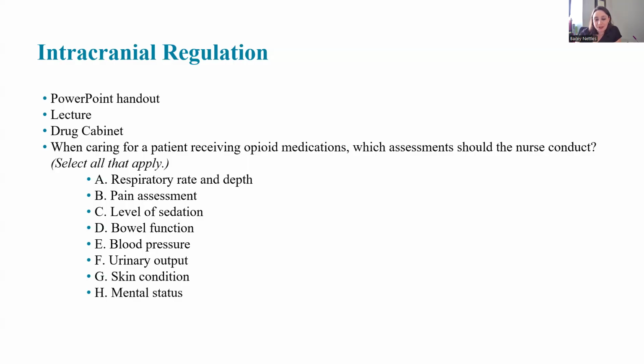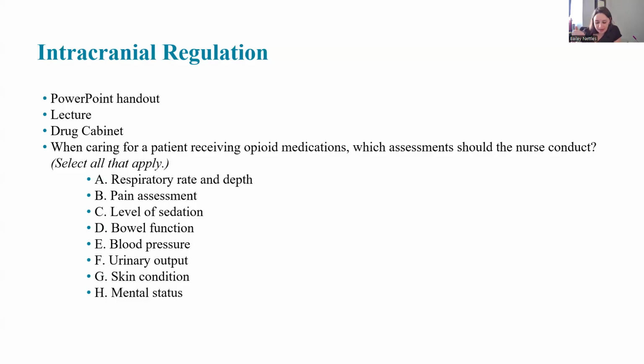Their bowel function? Yes. Their blood pressure? Yes. Their urinary output? No. Their skin conditions? No. And their mental status? We're going to say yes. That goes along with level of sedation. That's like their level of consciousness.